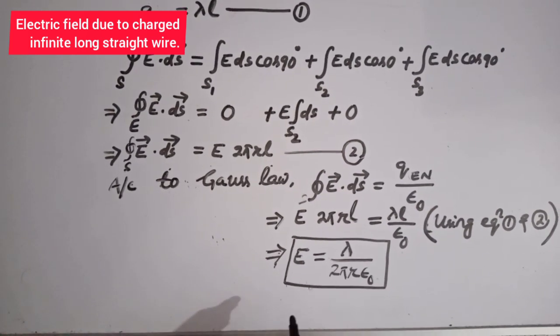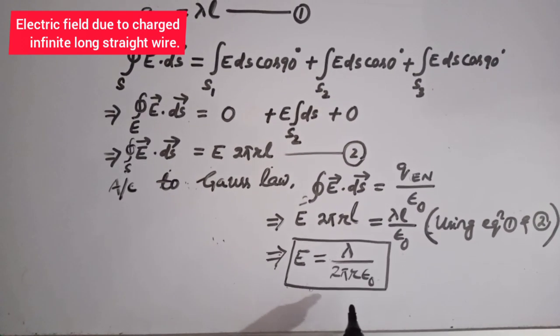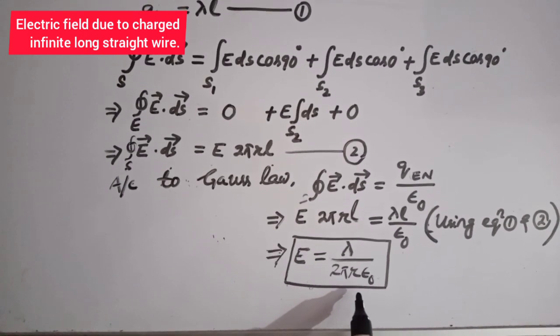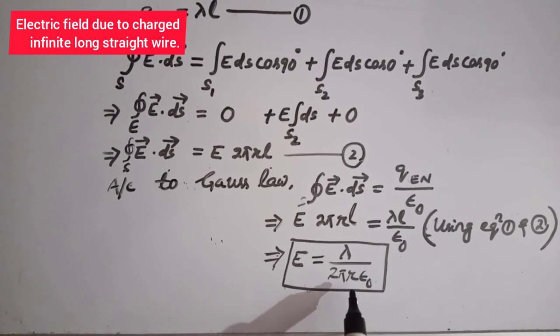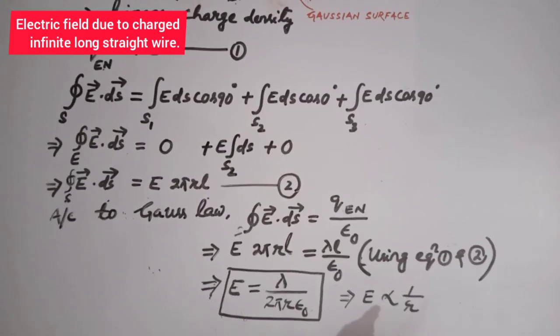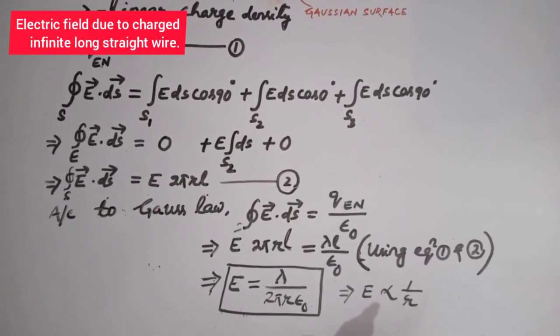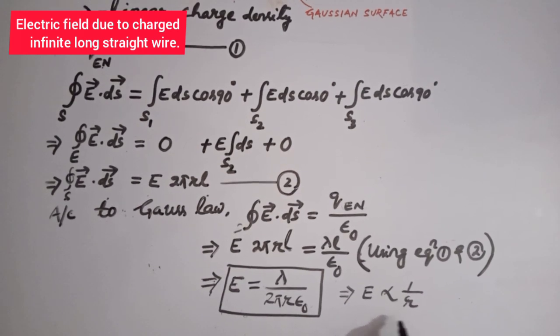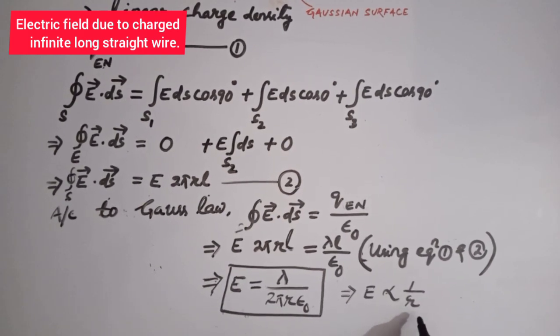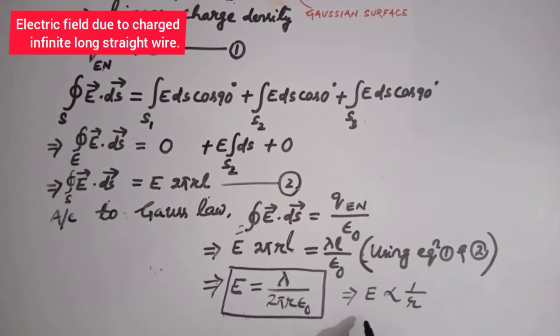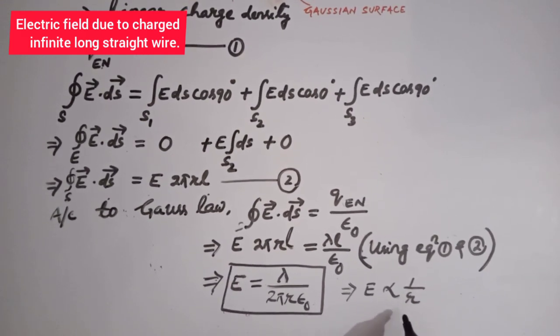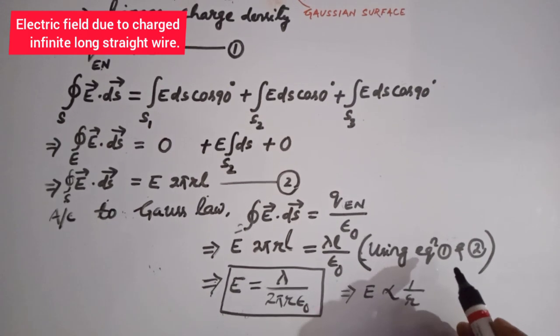Thus the electric field is inversely proportional to the distance. That is, the electric field decreases with increase in distance. If a graph is plotted between the electric field strength and the perpendicular distance from the line charge distribution, it decreases with increase in distance.